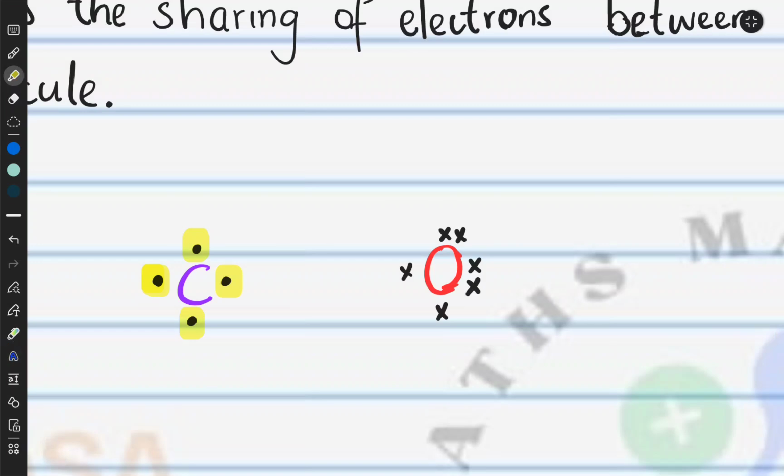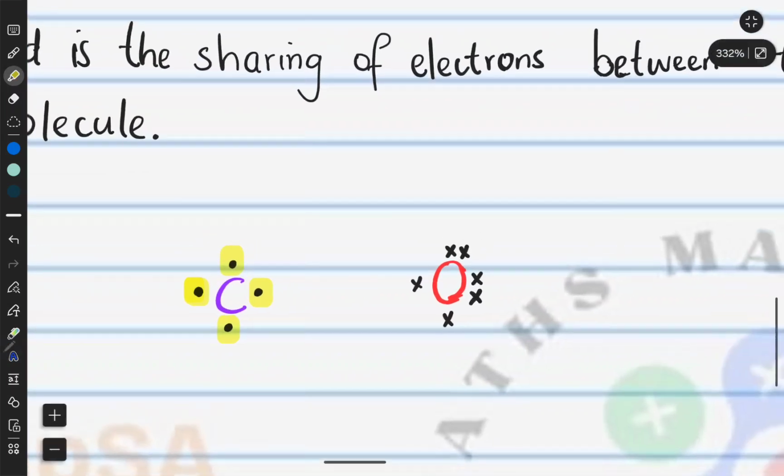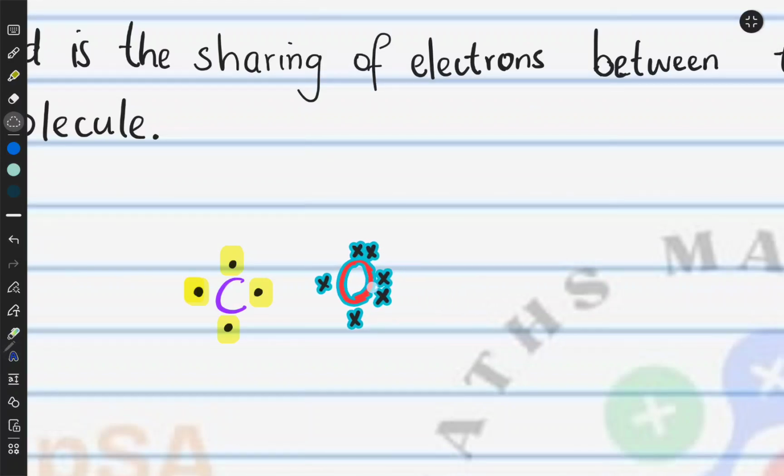So what does it do? It comes this side. It can only share the ones that are not lone pairs, which is this one and that one. Okay, the lone pairs, not really, unless it's dative covalent bonding, which we can always talk about some other time. But for this example, let's talk about just the normal covalent bonding.